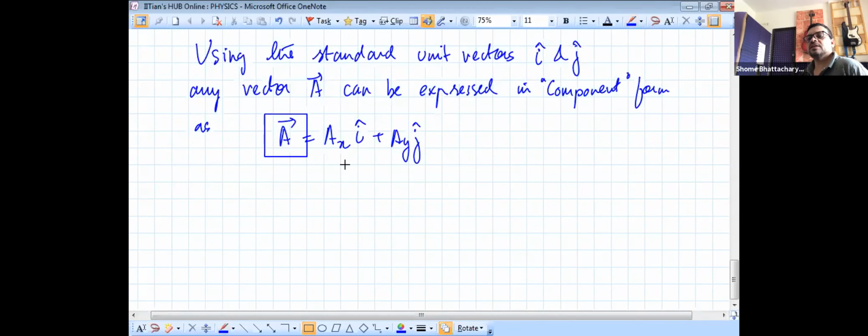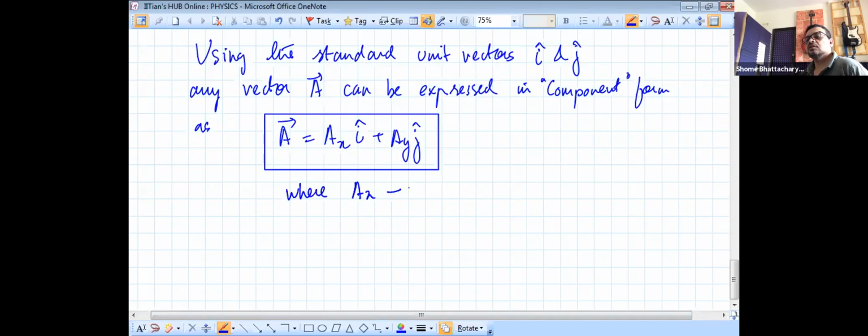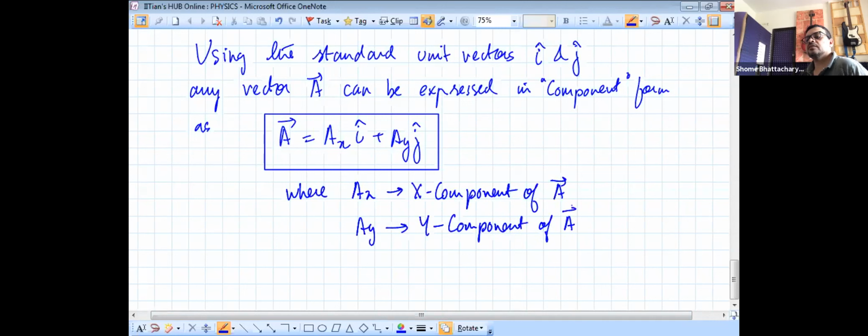So this is how we express a vector in what is called component form, where Ex is the x component of vector E. Ey is the y component of vector E. So just make a note of this. So why we define i cap and j cap? So that we can express any vector like this in component form.